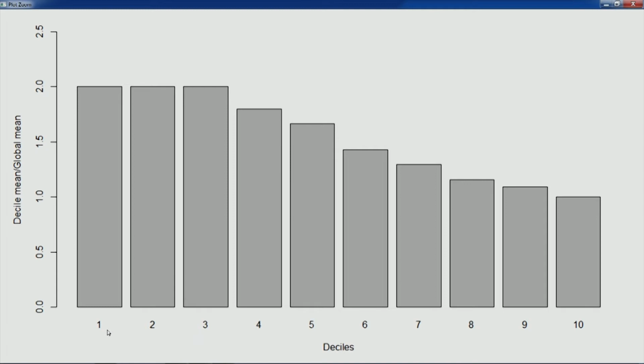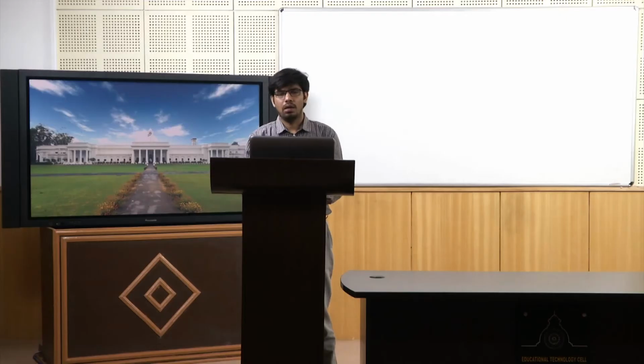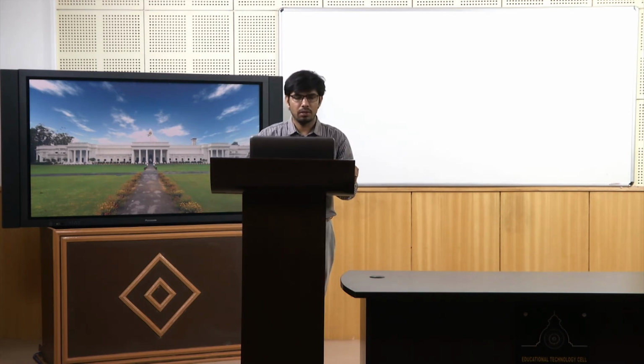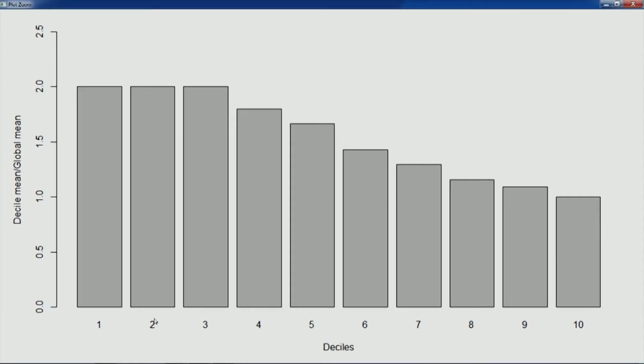The first decile represents 10% of the cases, and these 10% of cases come from the rank ordering that we have done based on the estimated probability numbers. So these are the most probable ones coming first, the 10% most probable ones. Just like the cumulative lift chart, there also the most probable ones were coming first.